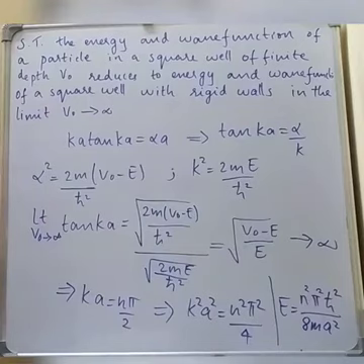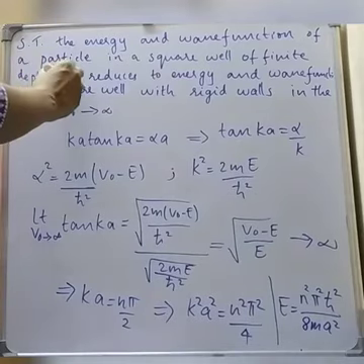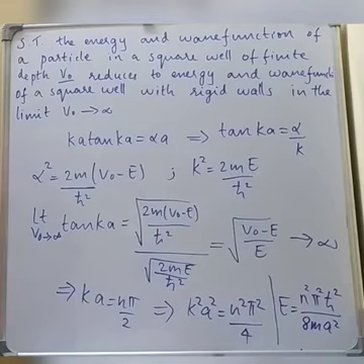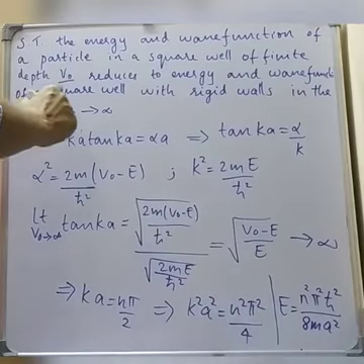We have to show that the energy and wave function of a particle in a square well of finite depth V0 reduces to the energy and wave function of a square well with rigid walls in the limit V0 tends to infinity.